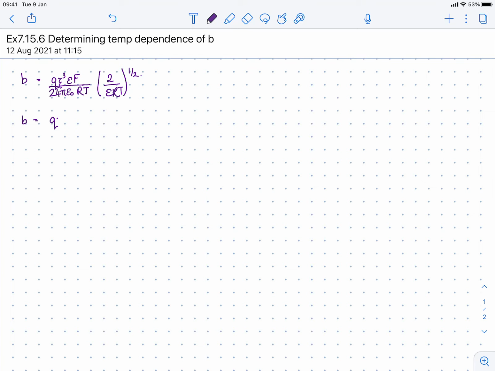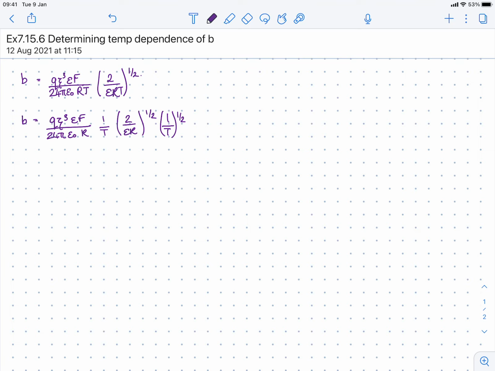So I've got QZ cubed epsilon f over 24 pi epsilon naught r, and I'm going to separate out that t term into that 1 over t that you see here. And I'm going to do the same thing for the next part. So I have 2 over epsilon r to the half, 1 over t to the half.